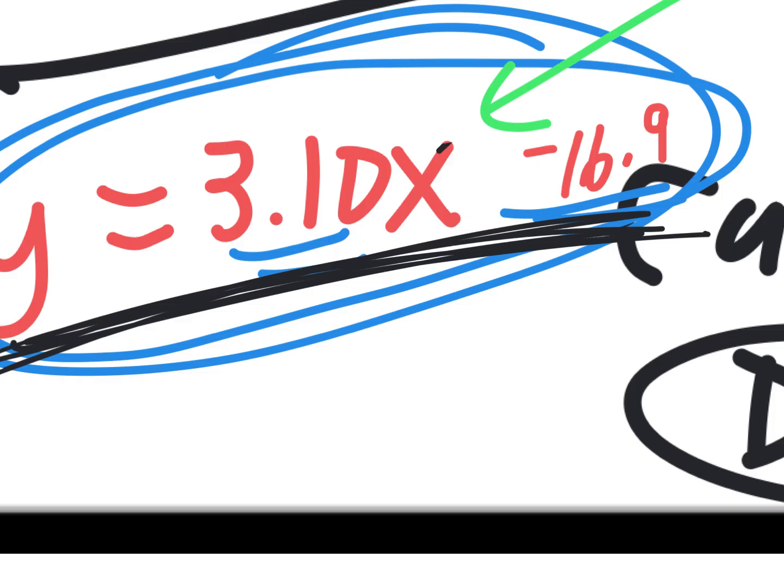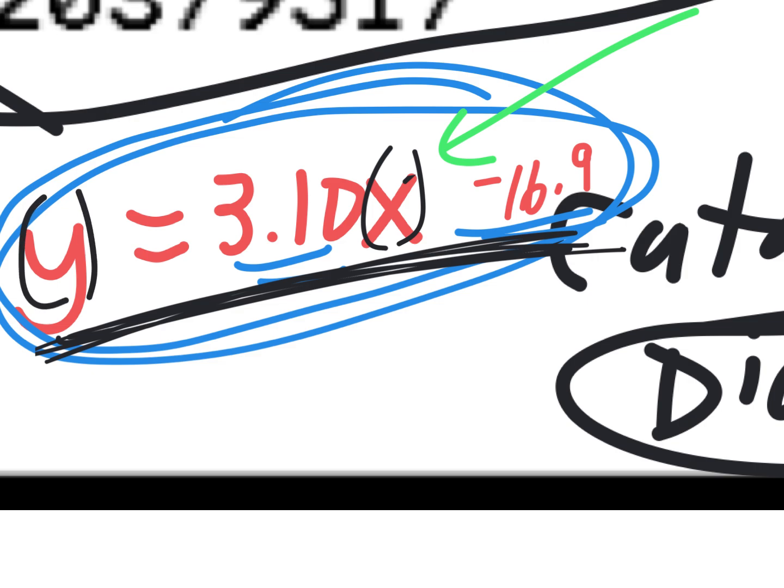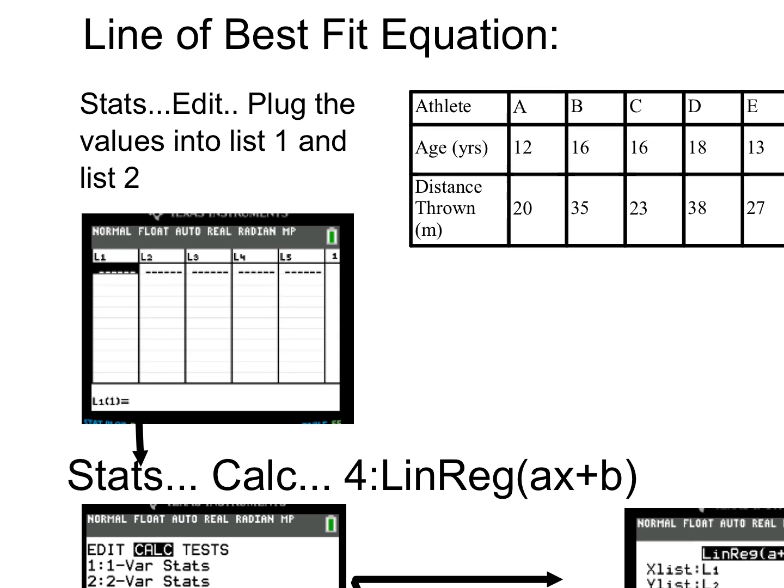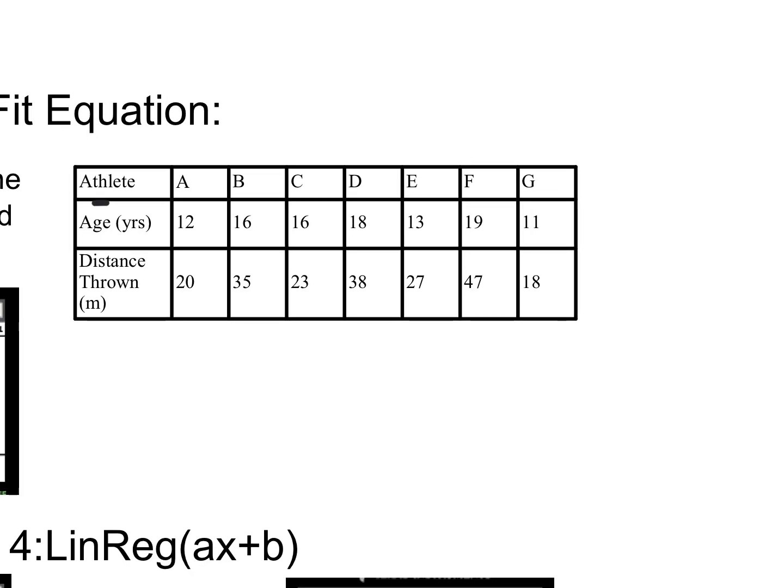Okay, so back to this. They're not going to just tell you x is 10 and stick it in. They're going to say something like, his age was 10. And you're going to be like, I don't know where to put it. You have to go look up and see if age is x or if age is y. I'm going to go up here into my data and figure out which one's my L1. Ooh, there's my L1. That's x. The top one, that's x.